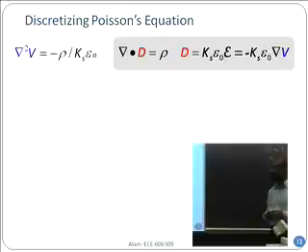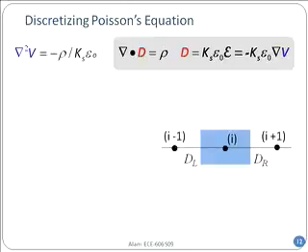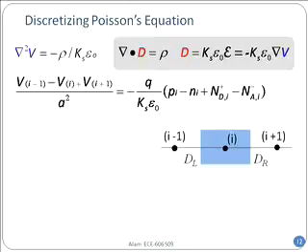Same Poisson equation. Okay, and then, how am I going to discretize this equation? Now, in many ways, this looks almost like a Schrodinger equation. Do you see that? Instead of V, if I had a psi, then it almost looks like a Schrodinger equation. So the discretization should be very similar. There's no complicated thing here. So let's try to write it. Do you agree with this statement? The first term is the second derivative.